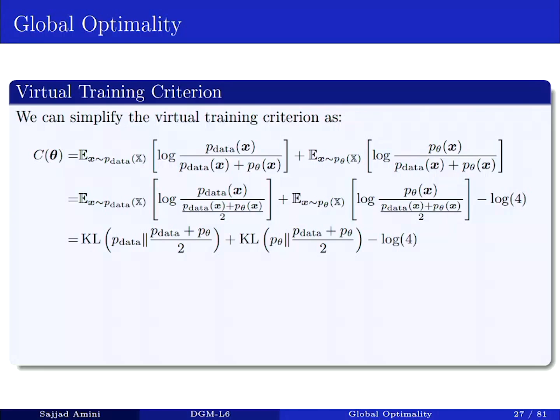For the JSD between two distributions P and Q, it is defined as half of the KL divergence between, this was my mistake before, the first distribution and another distribution that we name M, plus the KL between the second distribution and again this M distribution. And what is the M? M is (P+Q)/2.